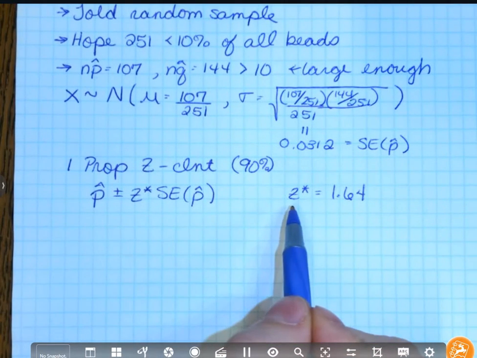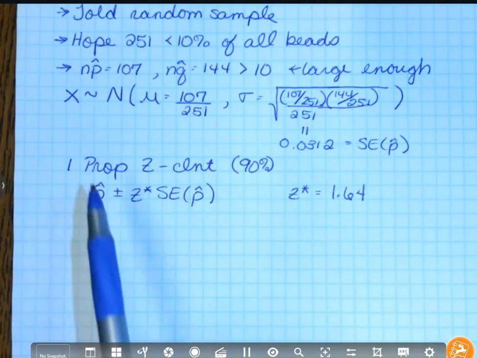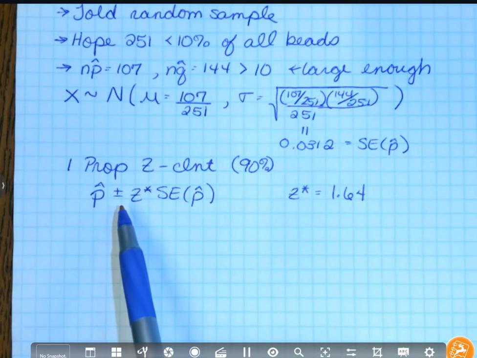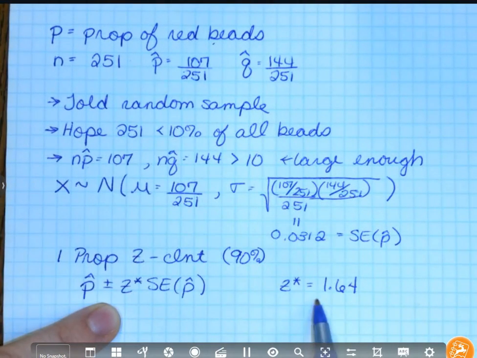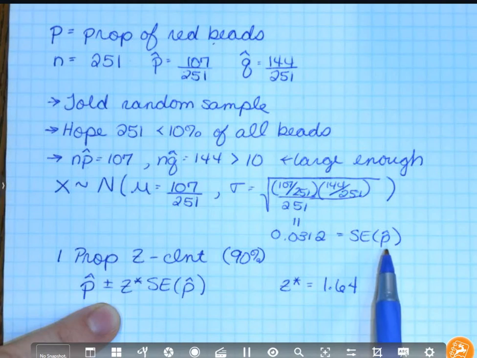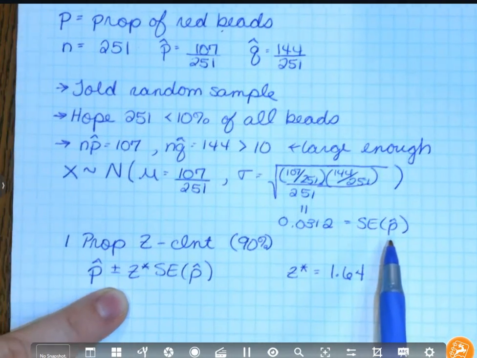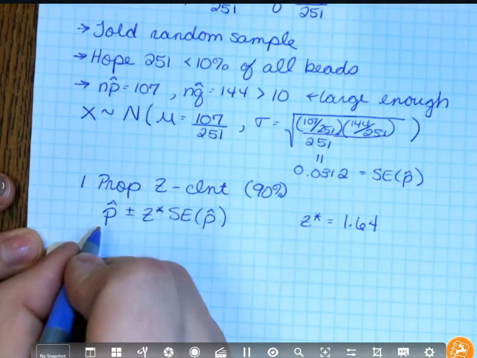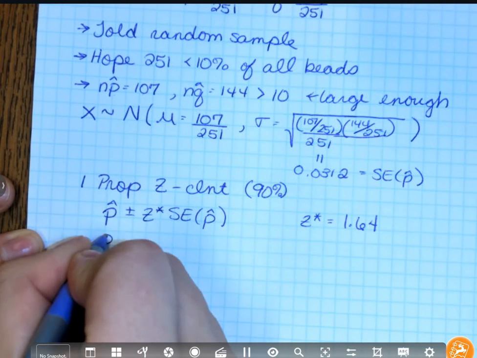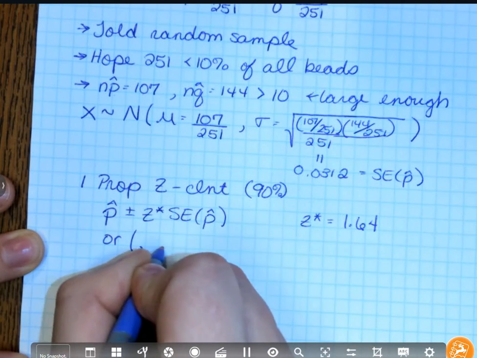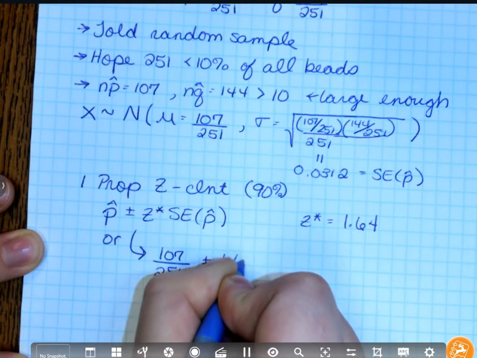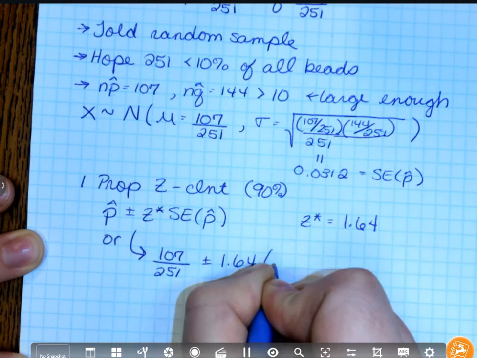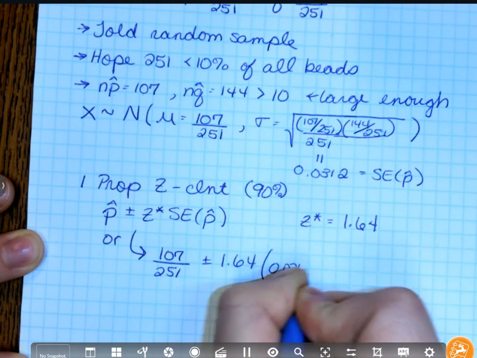When I'm talking about show your formula, you can do it this way, and that right there covers everything I need because there's p hat, there is z star, there's the standard error. I can find everything, everything's labeled. Or if you would rather, you're more than welcome to write it as 107 over 251 plus or minus 1.64 times 0.0312.